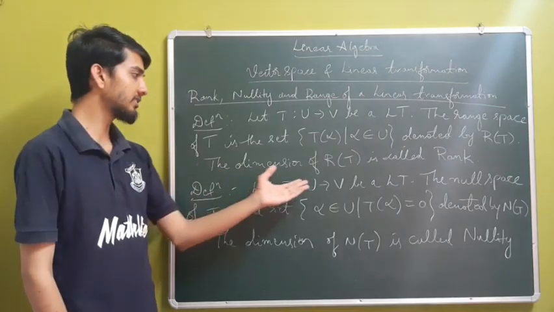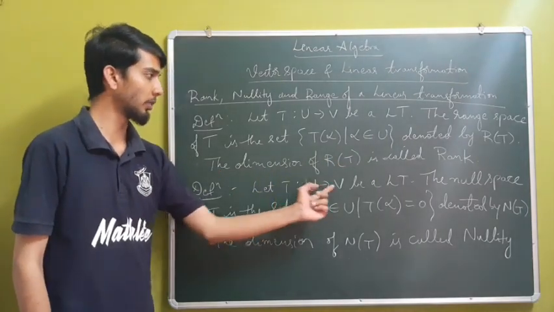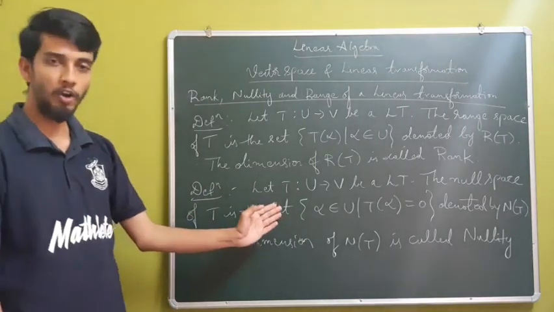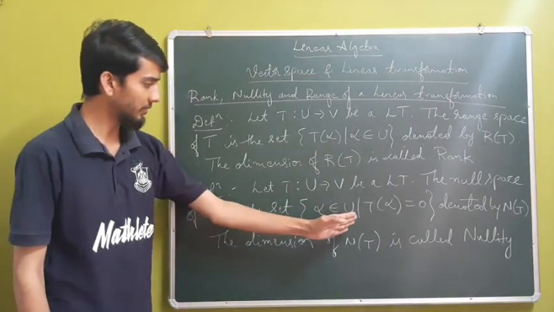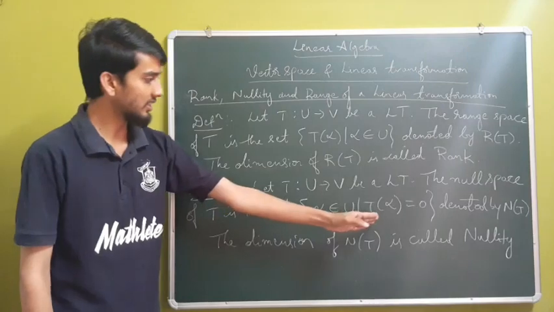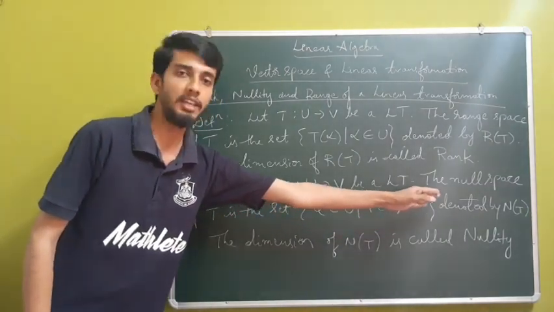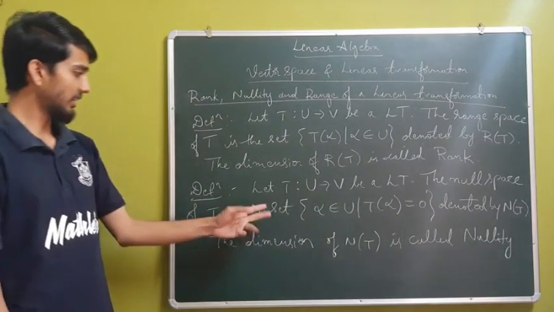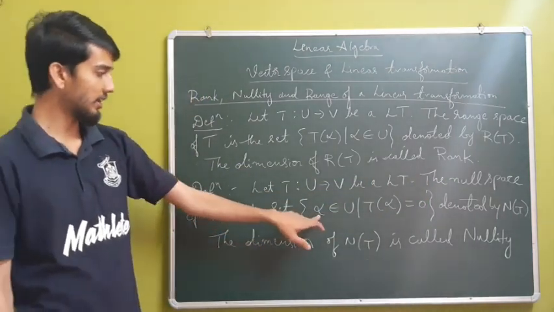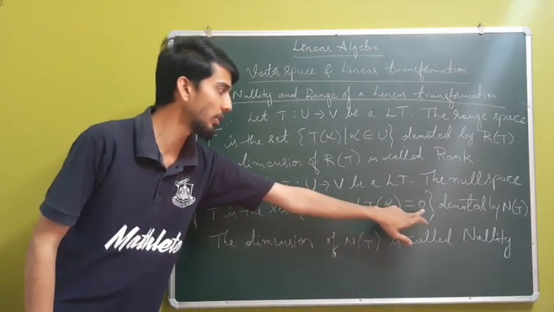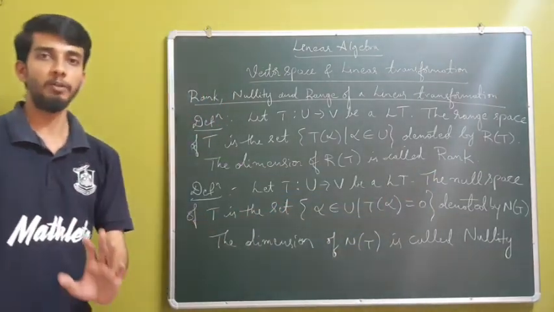Again, if T is a linear transformation from U to V, then the null space of T is the set of all alpha coming from the domain U such that T of alpha equals 0, denoted by N of T. See that again: the set of all alpha belonging to the domain U such that T of alpha equals 0.